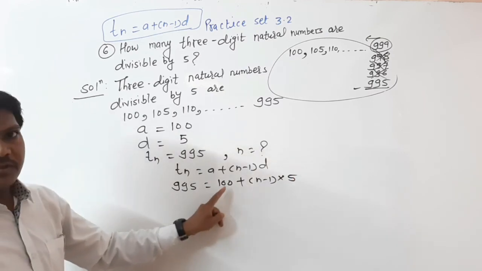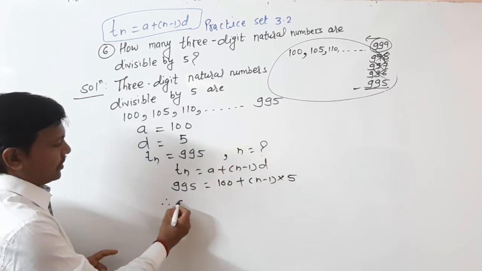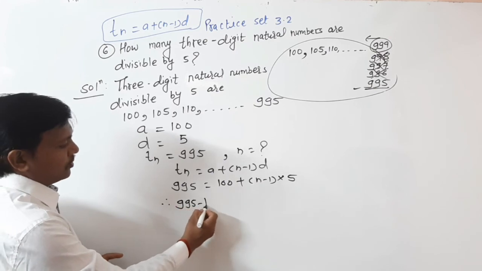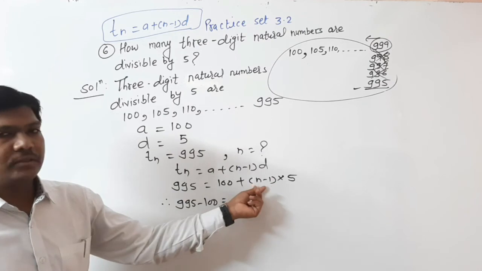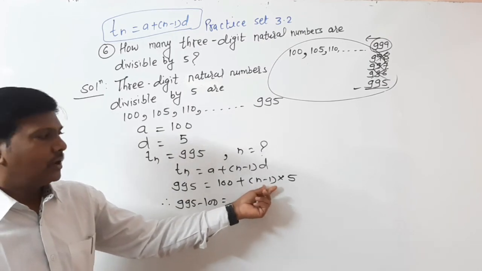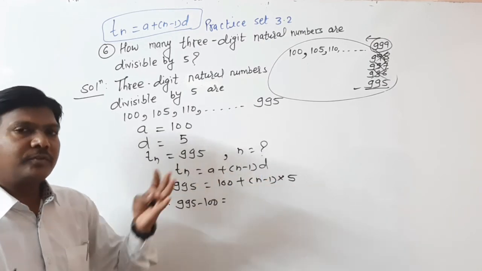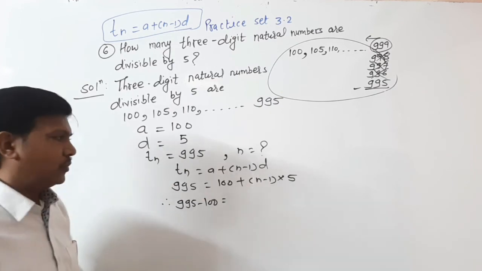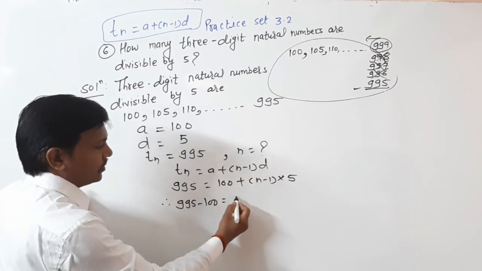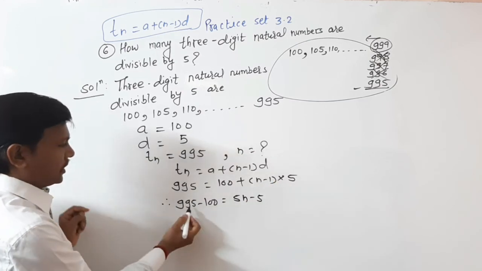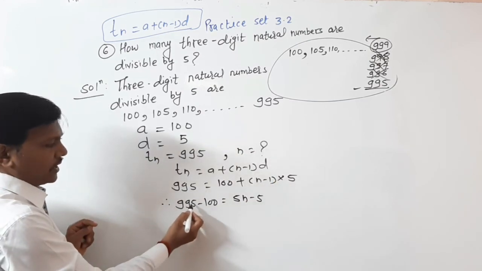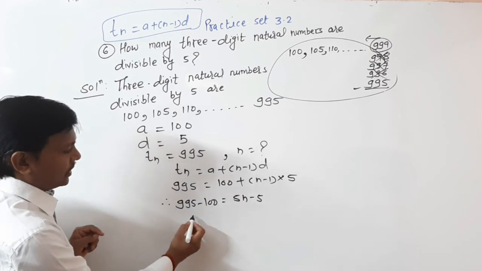When you shift this 100 to this side, it is 995 minus 100 equals, and if you want, multiply the bracket, otherwise keep it as it is; simplification is according to you. So it is 5n minus 5 when you multiply the bracket, and 995 minus 100 is 895.